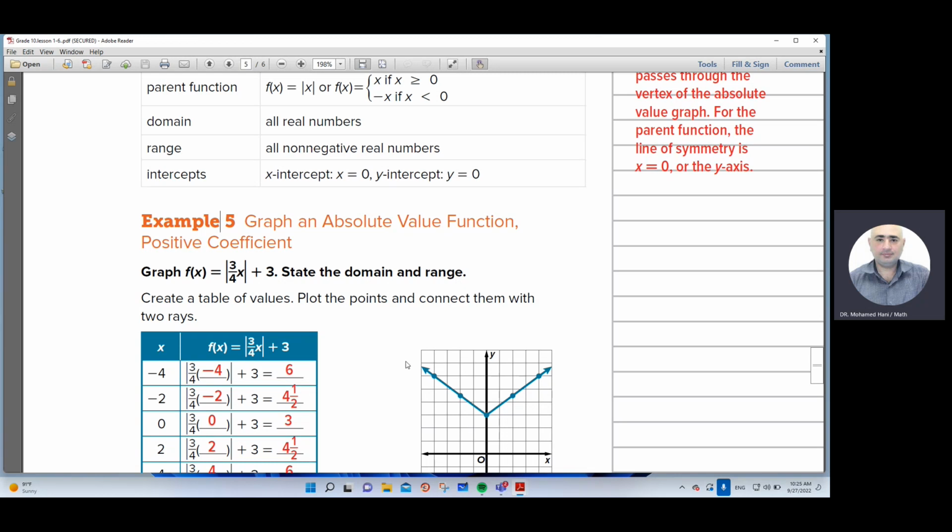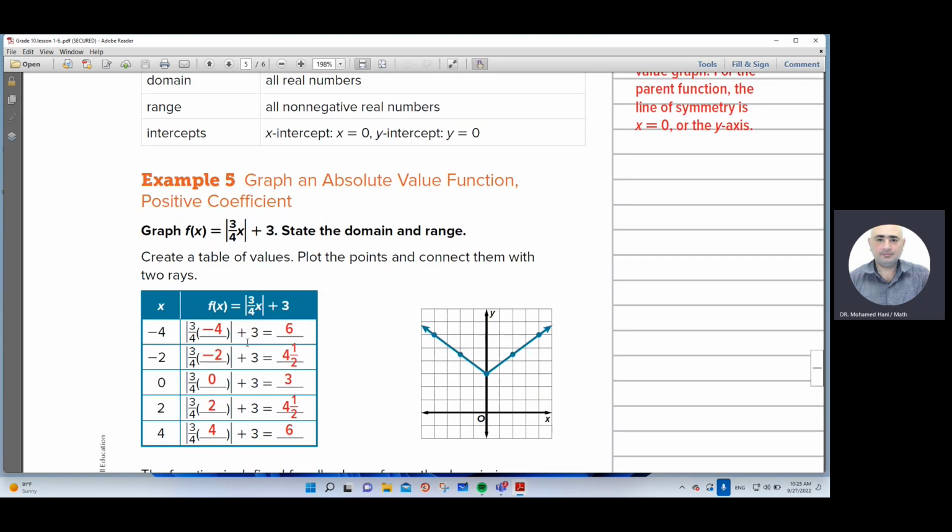Right. What I do to graph, always when you want to graph any absolute value, create a table. The first column here is for the values of x, you can choose any values randomly here. For example, -4, -2, 0, 2, 4. Then substitute the values inside the function.